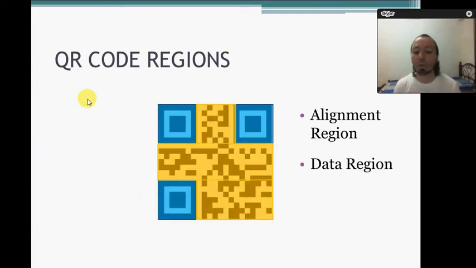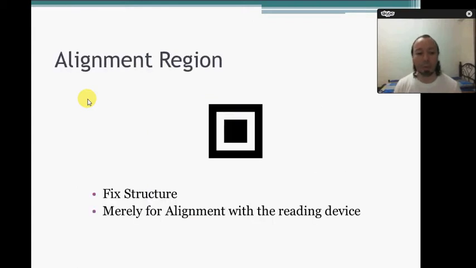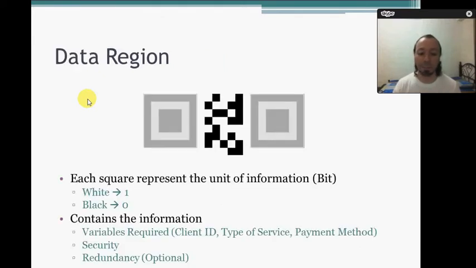Then we also have the data region, which is the region where all our information will be stored, all right? So the alignment region, as I say, is a fixed structure, it is always the same. Hence, there is no information there. This is only for alignment purposes of our QR code, right?